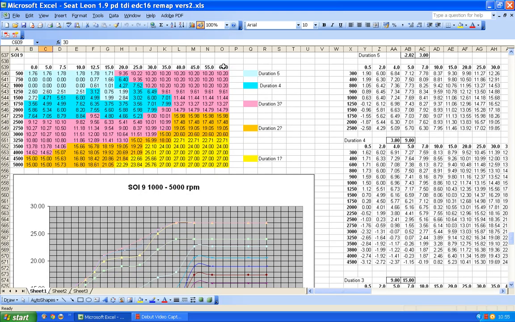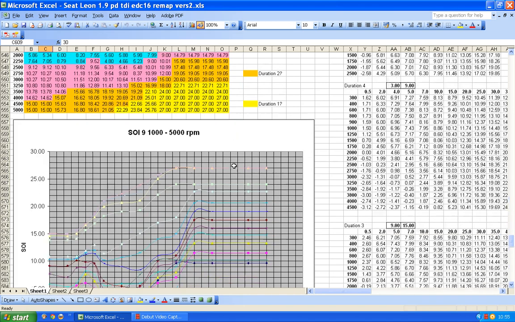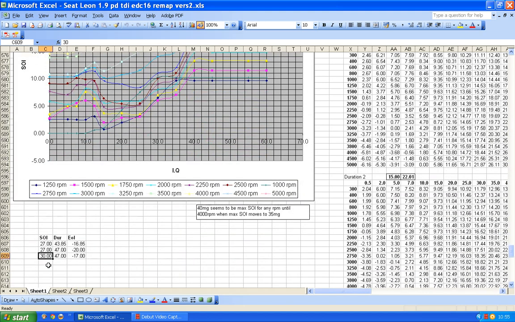You might want to add an extra column on the end here, and for the most part, most of these values you won't really want to touch, but you might want to change these values here. But you only want to change them, as I've just said, according to calculations you've already done with original start of injection, change duration, end of injection.